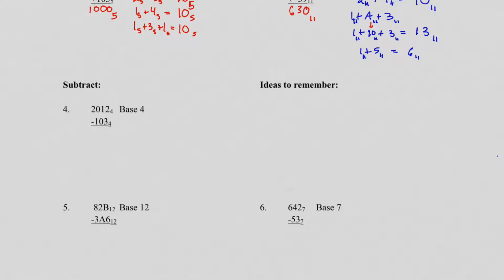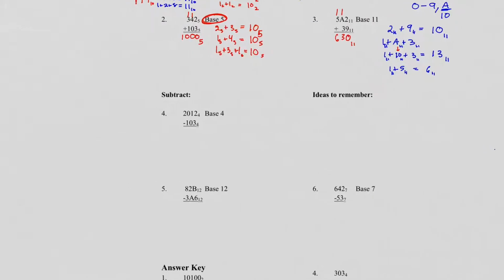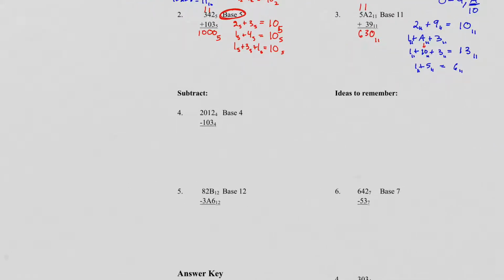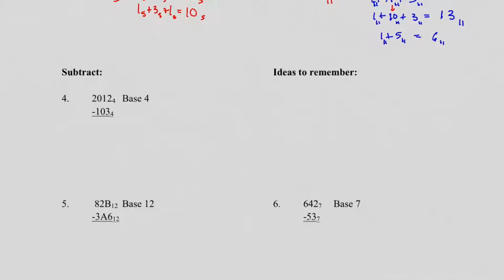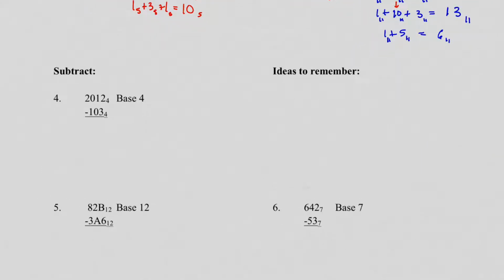Alright guys, so when we come to subtraction, I just want to point out that we have this concept of borrowing that we're going to talk about. But first, let me talk about a couple ideas to remember.